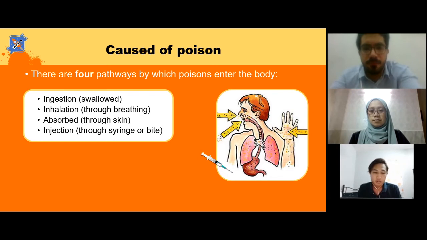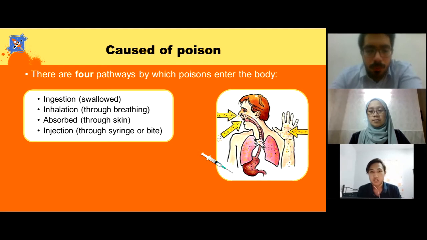So there are four pathways in which poison enter our body. The first one is through ingestion, when we swallow or eat something through our mouth. And next one is through inhalation. It happens when we breathe in, and there are few poisonous gas such as H2S.